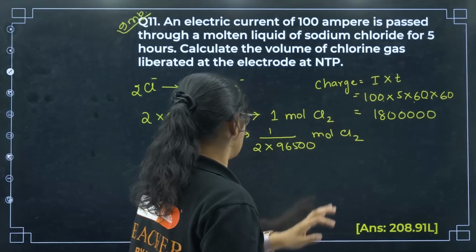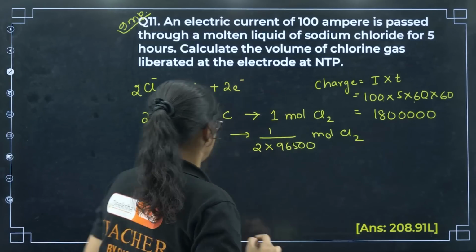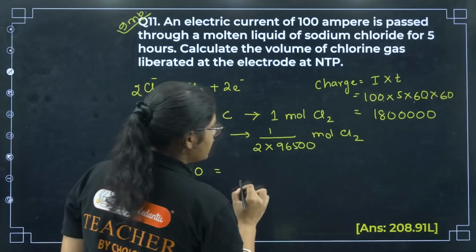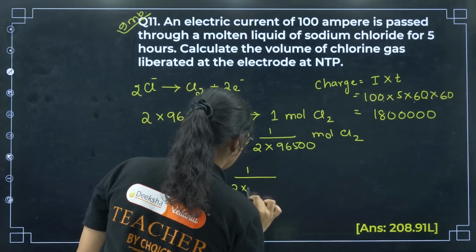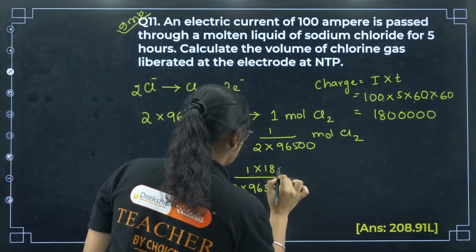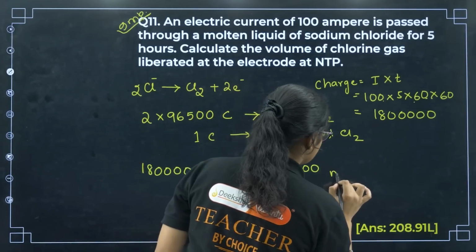Okay, so this is the amount of charge now I have. So this will give me 1 by 2 into 96500 into 1,800,000. Okay, so these many moles were present.